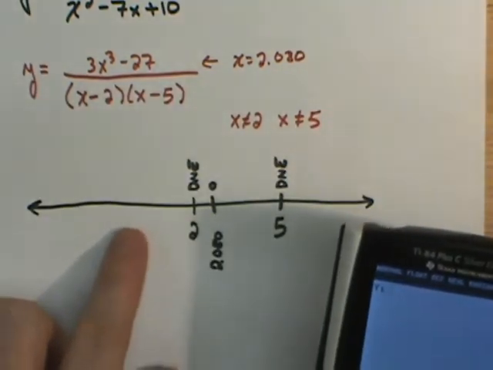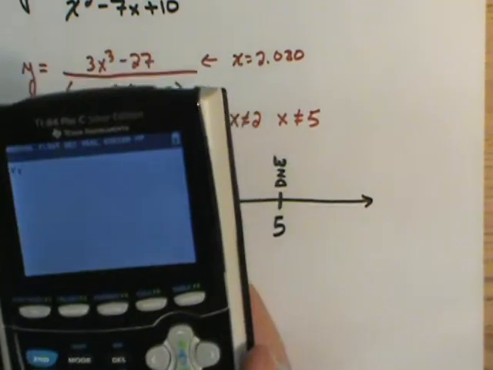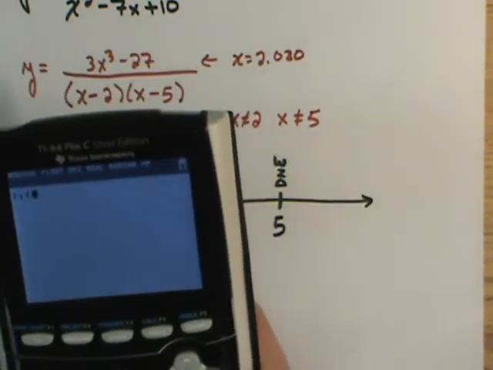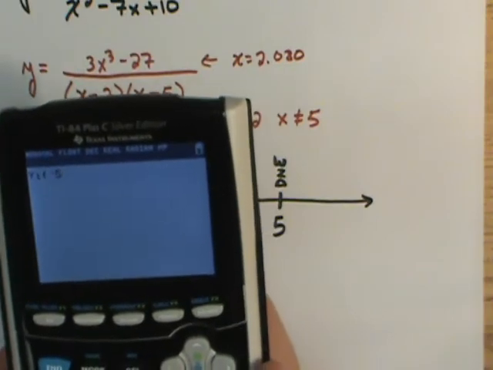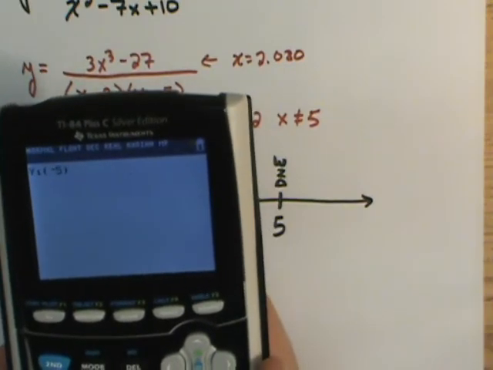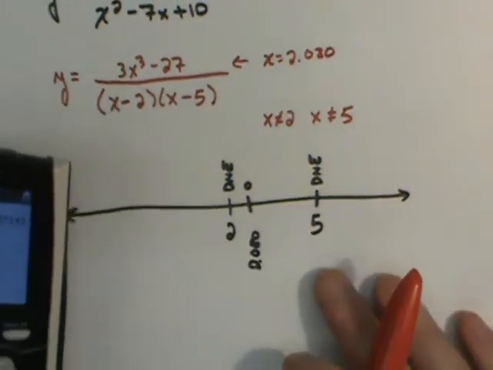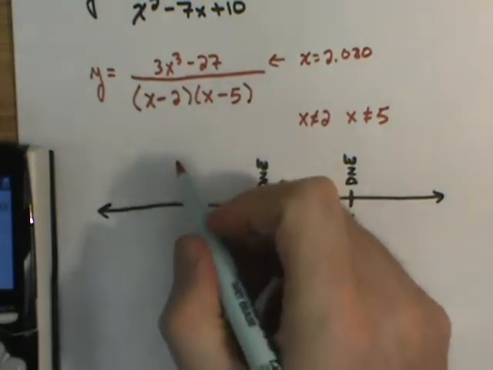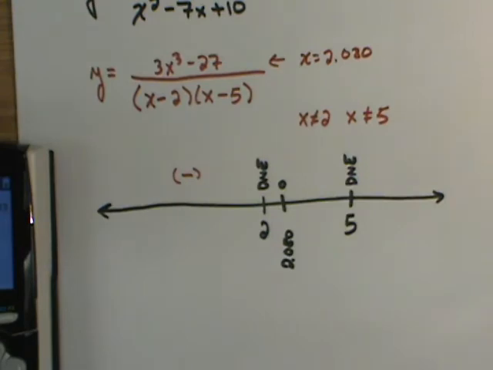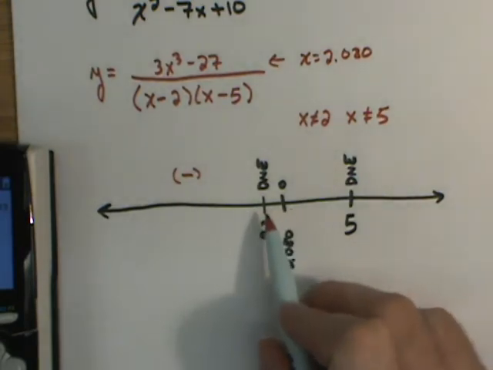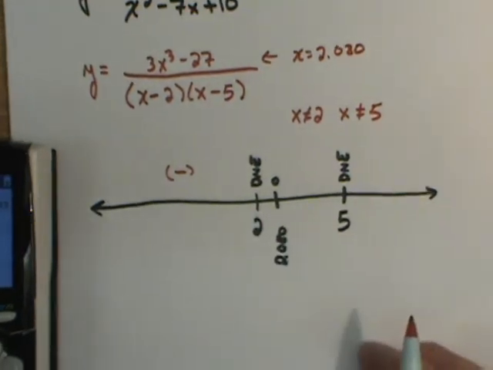I want to see what's happening beneath 2. So let me throw in something like -5. I'm getting a -5.74. So over here, this is going to be negative, meaning it's beneath the x-axis. I need to find a number between 2 and 2.080.